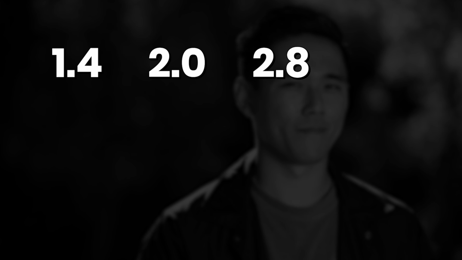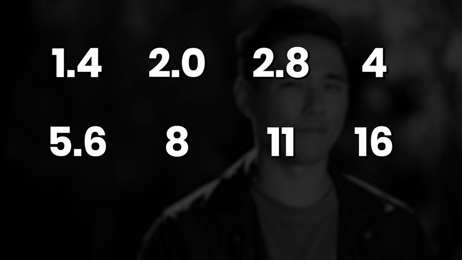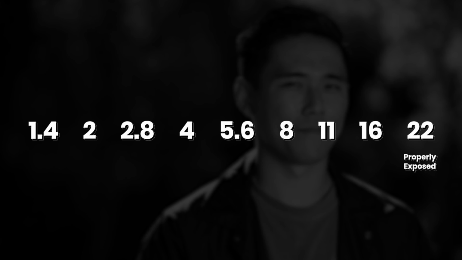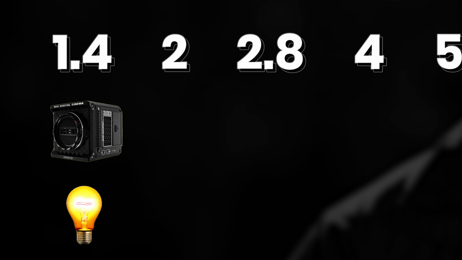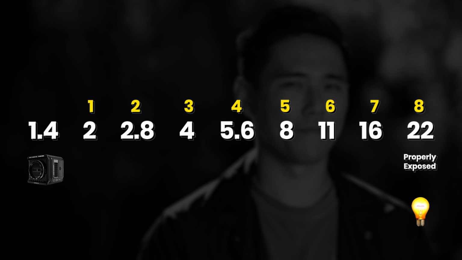And to explain why that is, f-stops are measured from 1.4, 2, 2.8, 4, 5.6, 8, 11, 16, and 22. Each of these numbers represents one f-stop. So if our camera is set to 1.4, an 8-stop ND filter will cut out 8 stops of light, bringing the exposure to f22 without actually changing the f-stop setting from 1.4 in camera.